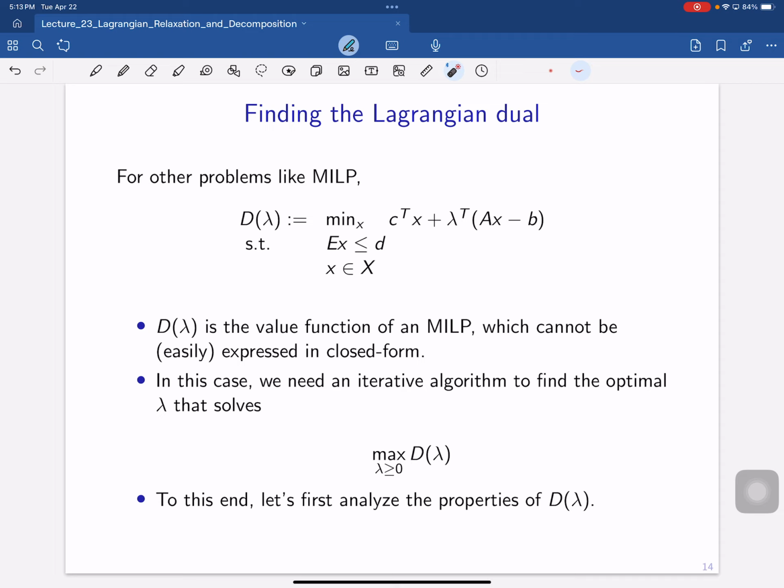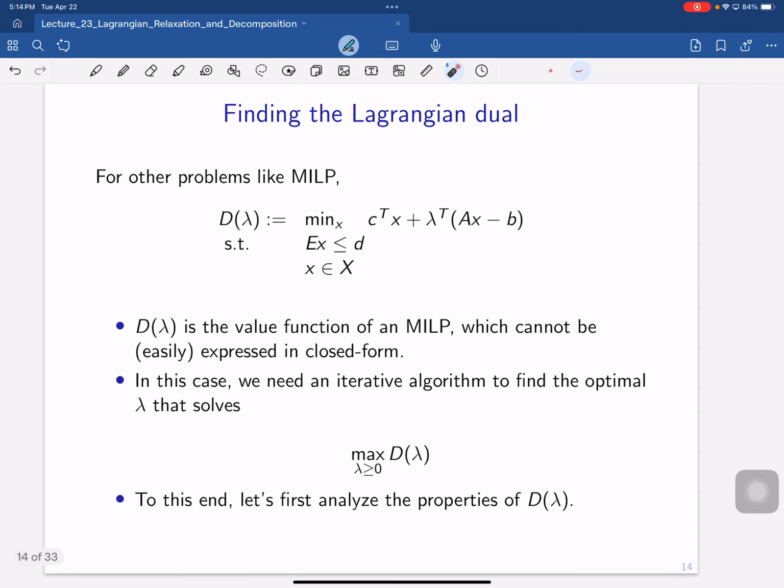Here we want to study whether d(lambda) is a continuous function, whether it's differentiable, or whether it's convex, or in the maximization case, concave. If minimization, you are interested in convexity. For a maximization problem, you are interested in concavity.